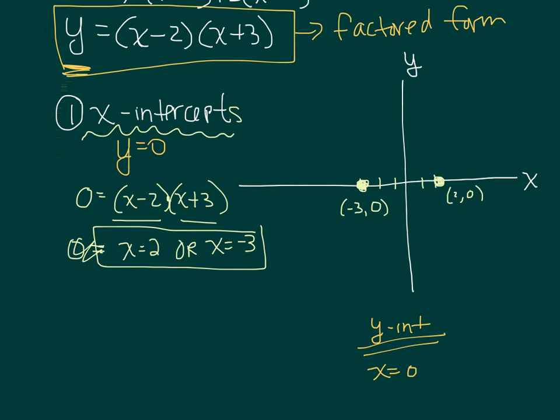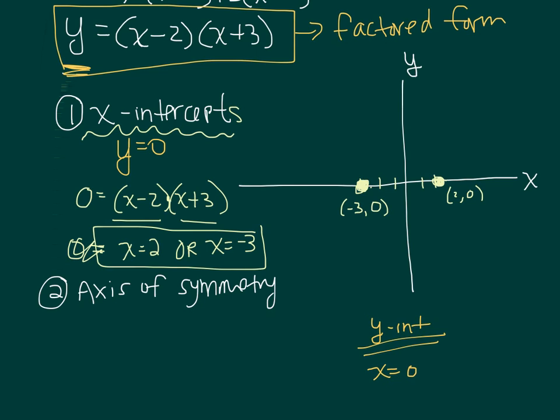And interesting enough, when you're graphing parabolas, you have matching points, right? You have a matching y value. There should be a point in between negative 3 and 2, and that should be my axis of symmetry. So I could figure out my axis of symmetry by figuring out what's in between negative 3 and 2.